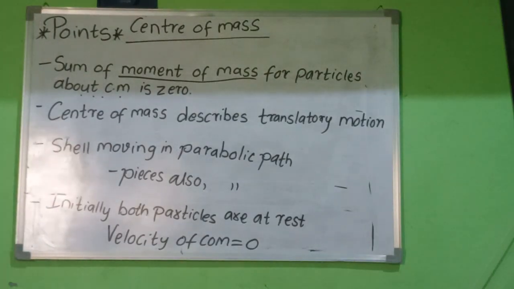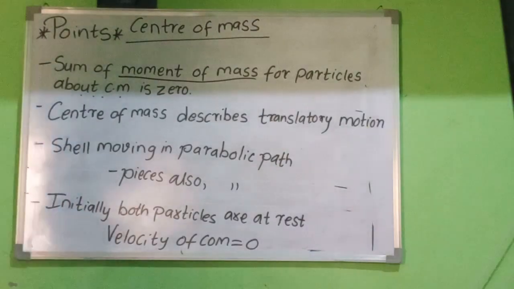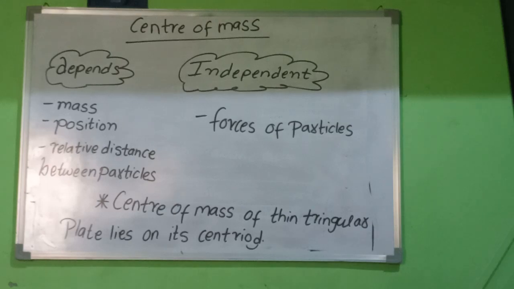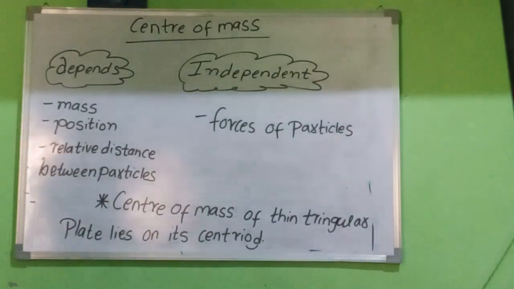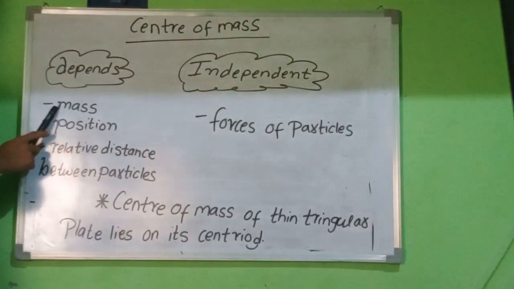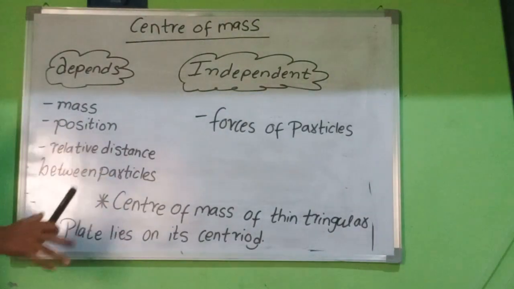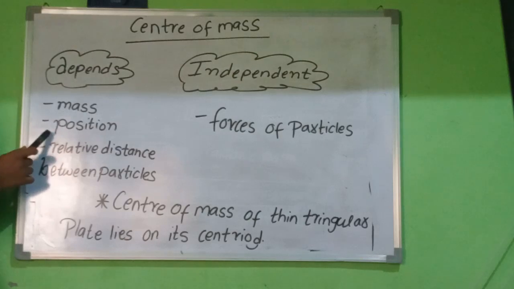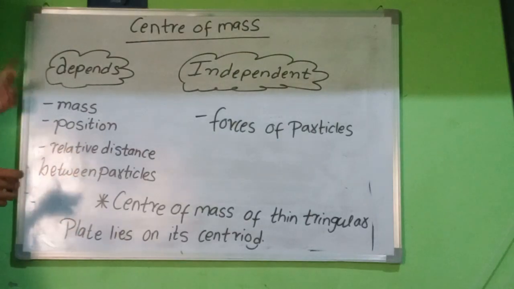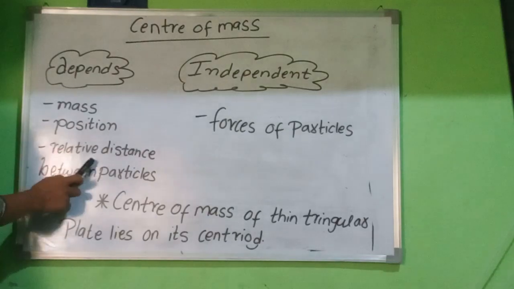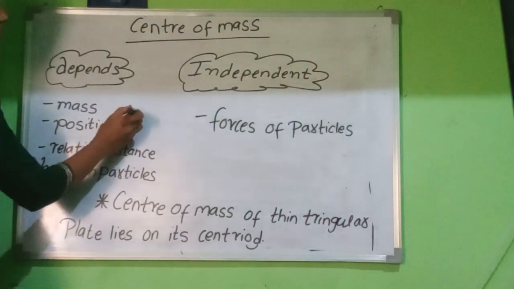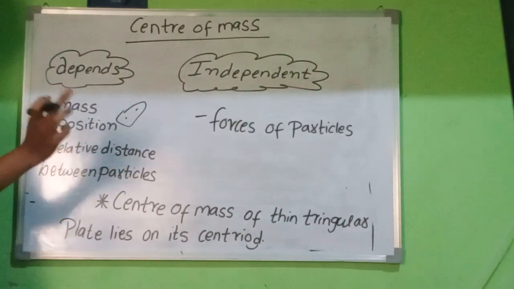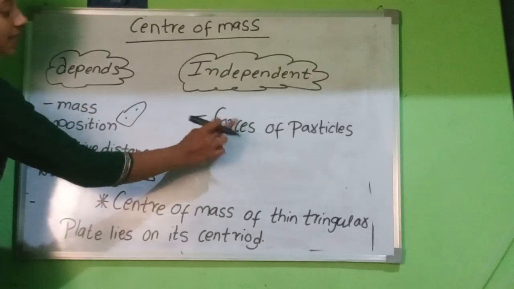Here are four important points about the center of mass. The center of mass depends upon the mass of the system. For different masses, the center of mass is different for different objects. The position and relative distance between the particles also matter for the center of mass, but it is independent of the force between the particles, that is, internal force.